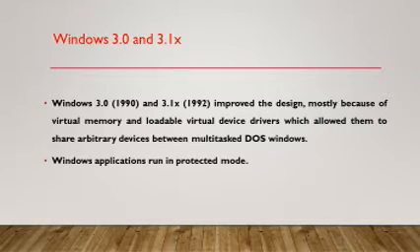Which means that Windows 3.0 and 3.1X were both updates for the previous versions of Windows, which means Windows 2.0 and also 2.1X, in which it improved the design mostly because of virtual memory and also loadable virtual device drivers, allowing them to share arbitrary devices between the multitask DOS windows. So that's regarding Windows 3.0 and 3.1X, which were released in 1990 and 1992 respectively.